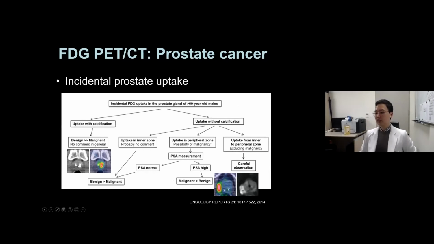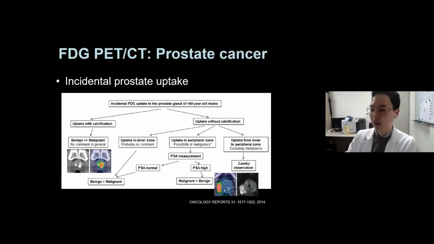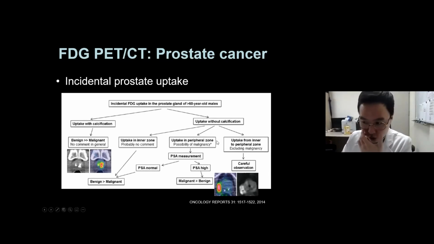And another study from 2014 recommended how to deal with this kind of incidental prostate uptake. The conclusion can be summarized as follows: if you see a focal uptake that is co-registered with calcification, there is more chance of a benign lesion rather than malignancy.